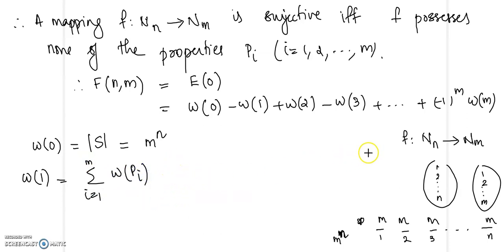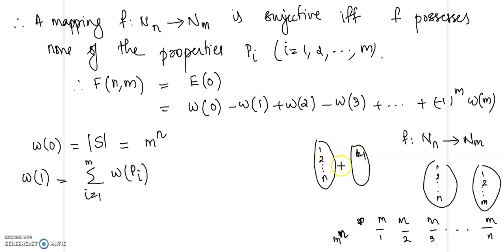Let us find one omega of Pi. So when we take omega of Pi, the domain has n elements and in the range it must not be mapped to i. It cannot be mapped to i. So how many do we have left? Here we have m-1 elements.